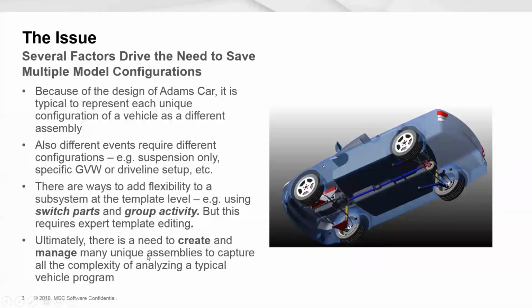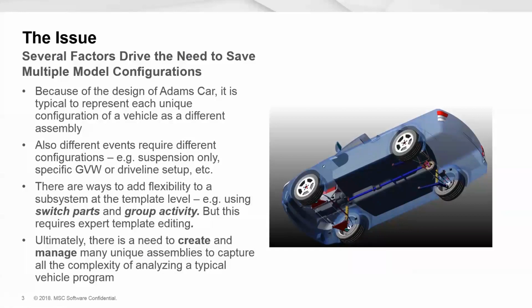There are also different events that are going to require you to build still further different configurations of your vehicle for your analysis. For example, you're going to need suspension assemblies as well as full vehicle assemblies that are of a particular GVW or driveline setup. So that's going to drive the need for additional vehicle configurations to be created and stored.